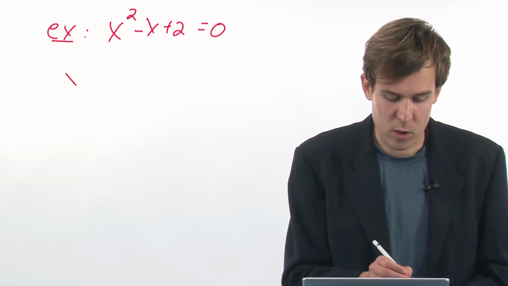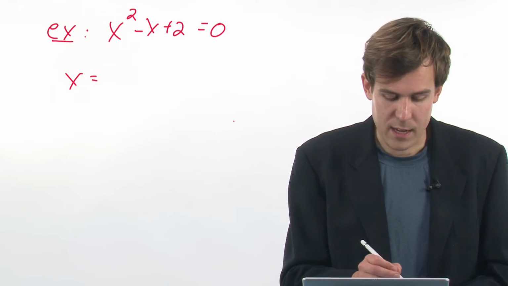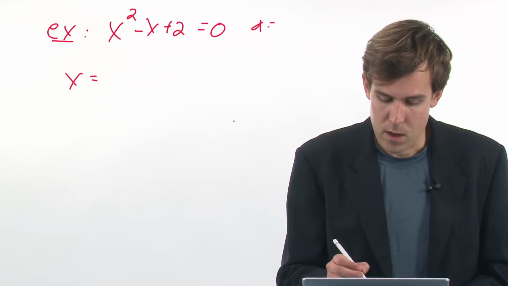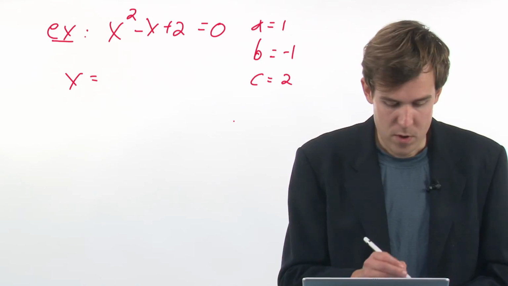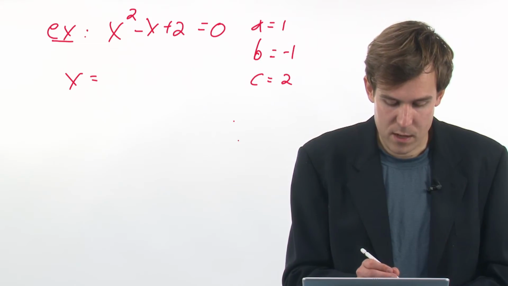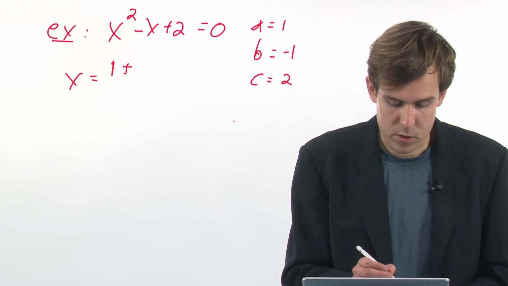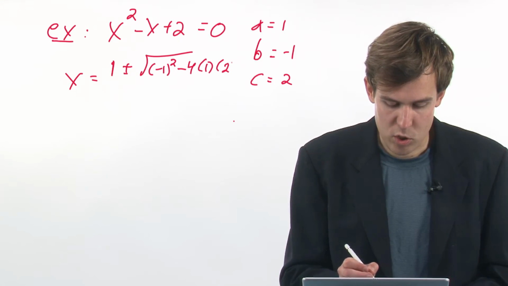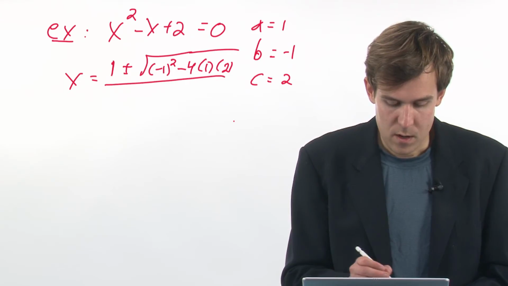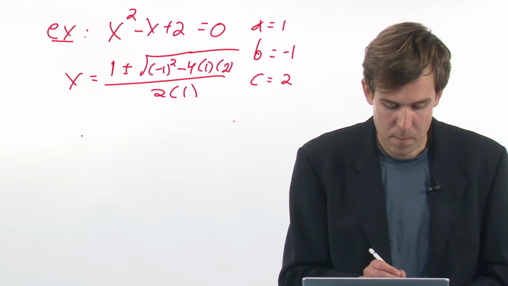So if we plug into the quadratic formula, we get x is equal to, a is 1, b is negative 1, c is 2. So I get x is negative b, so 1, plus or minus the square root of negative 1 squared, minus 4 times 1 times 2, divided by 2a, 2 times 1.